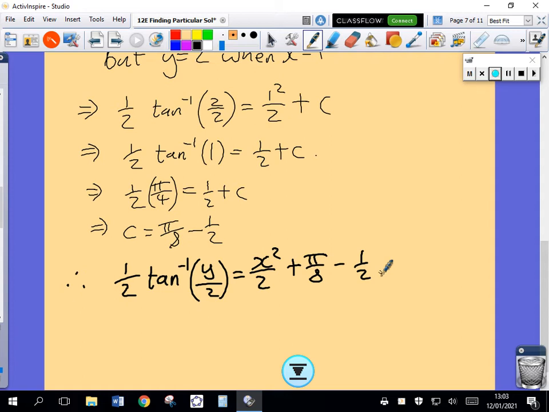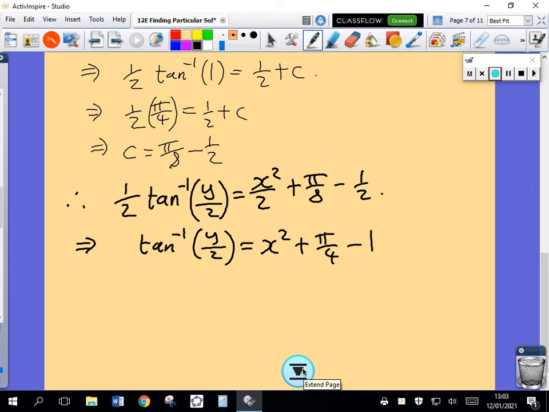Okay, so I want to see if I can solve for y here. I'm going to double both sides to get tan inverse of y over 2 is equal to x squared. Doubling pi over 8 will give me pi over 4. Doubling negative 1/2 is negative 1. If tan inverse of y over 2 is equal to this expression over here, well then y over 2 must be the tan of that expression.